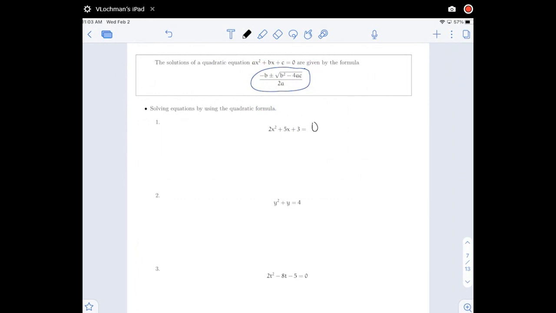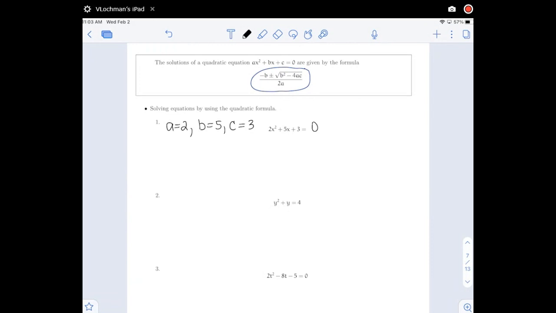So our first equation, we have 2x squared plus 5x plus 3. I'm going to denote what my values here are. So a is 2, b is 5, and c is 3. If you want to skip this step, that's fine. That's just me assuming nothing. I assume that nobody has seen this before.